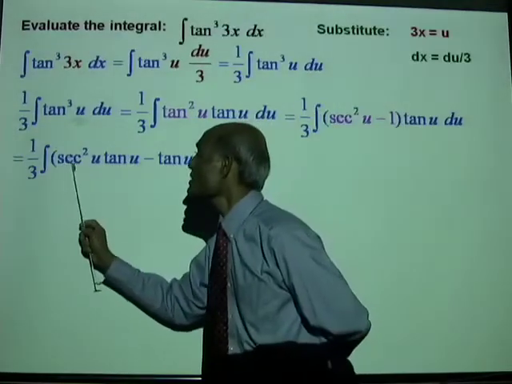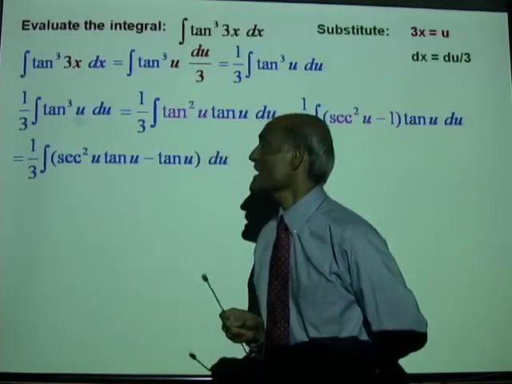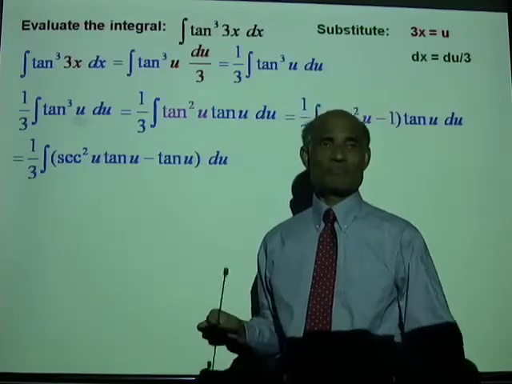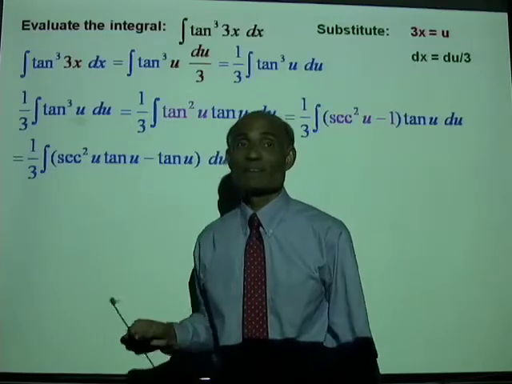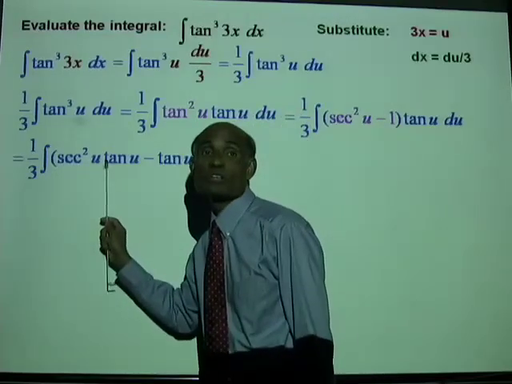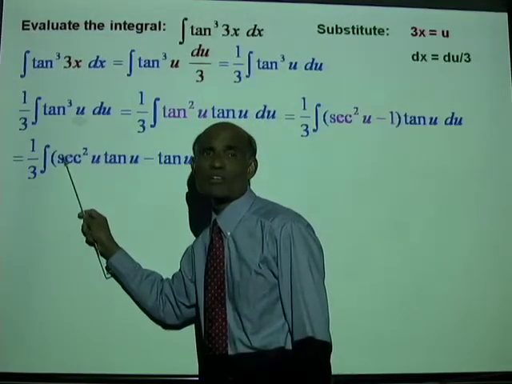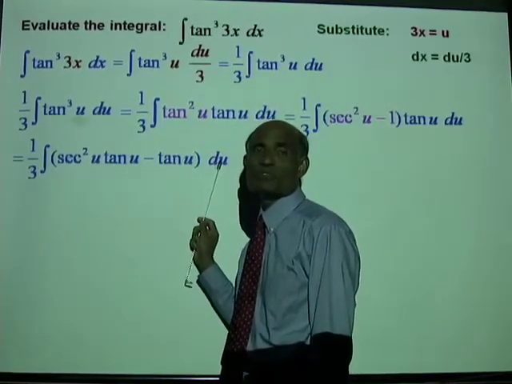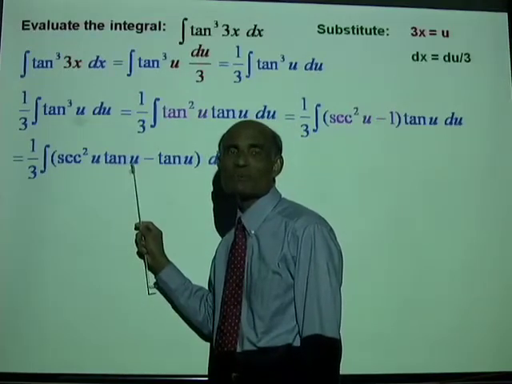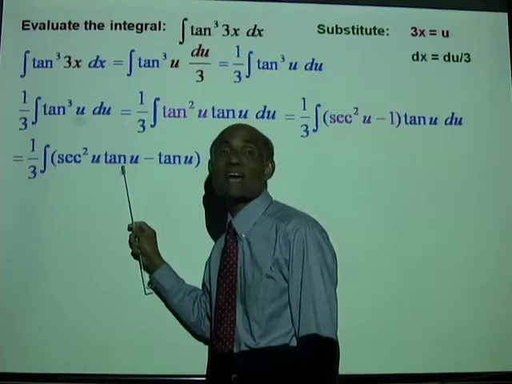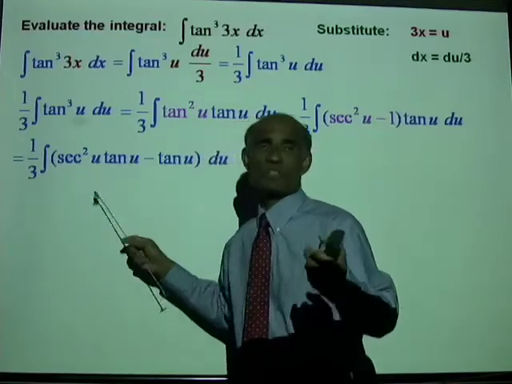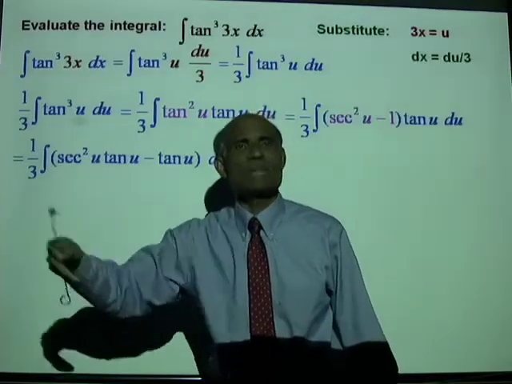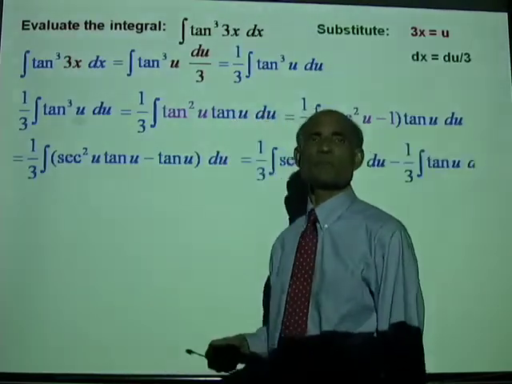Can you integrate this? What is the integral of secant squared u tan u? You need to make a substitution there. To integrate this, what substitution will you make? Look at that, secant squared u du is the derivative of tan u. So we make the substitution tan u equal to, since we have already used u, we cannot use u, so we use something else. Maybe we can use v.